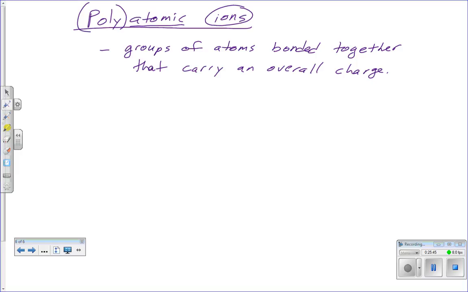Okay? So with this, we're talking about things like CO3, which is called carbonate, or SO4, which is called sulfate.